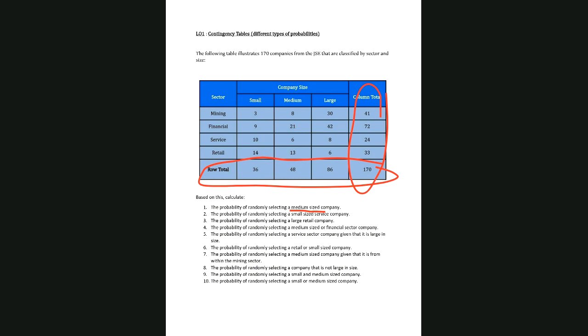So here, you were focusing on only one variable, and you would get this answer in either the column total or the row total. So you're going to identify on the table where your medium-sized companies lie, and you'll find it in the center here, and you'll go down to its total, which is the 48. And as you know, with your probabilities, the basic probability formula is R over N. So here you're going to find that your R is 48.